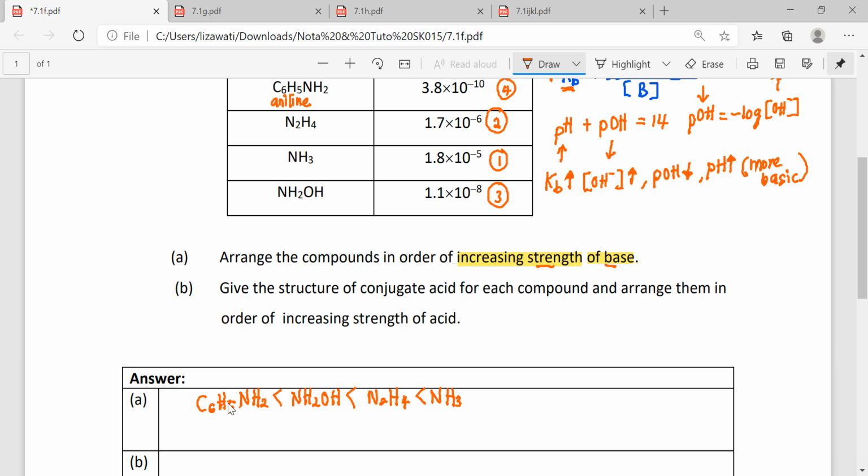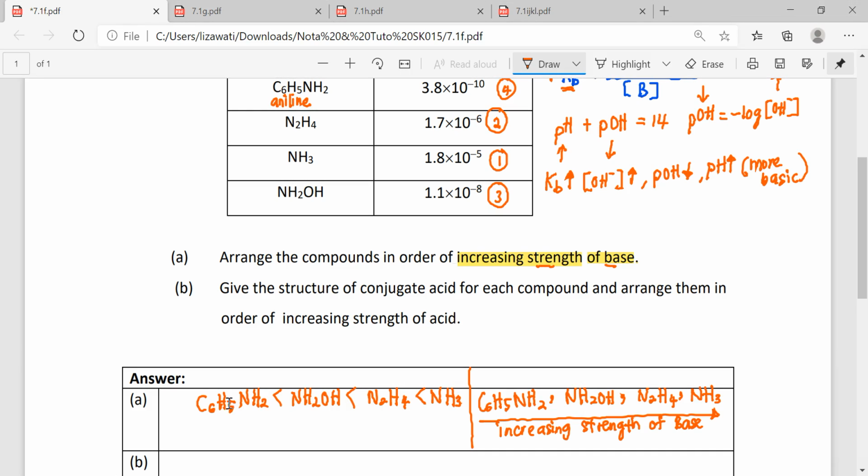You can use the symbol here, or you can use arrow, comma and arrow. If comma and arrow, you replace smaller than with comma. Make sure you label it. So with arrow and label. Only two ways that you can answer this kind of question.